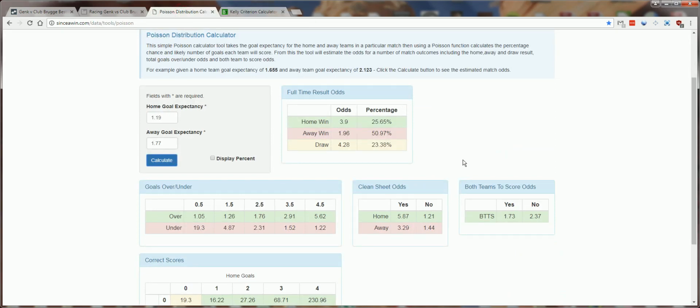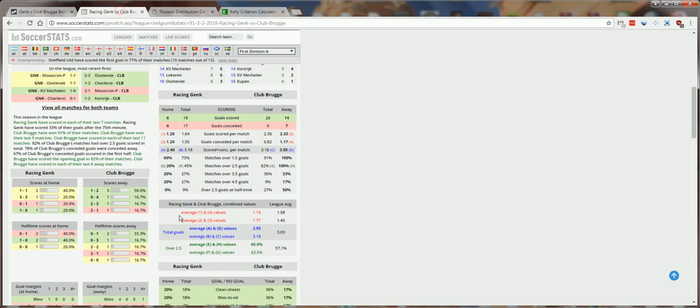So we'll temper it with the draw no bet, because Genk have lost. Oh, sorry, I'm looking at the wrong bit. Scores at home, Genk have drawn 2, 1-1. They've drawn another one 3-3. They've only lost 1 and they've only won 1.